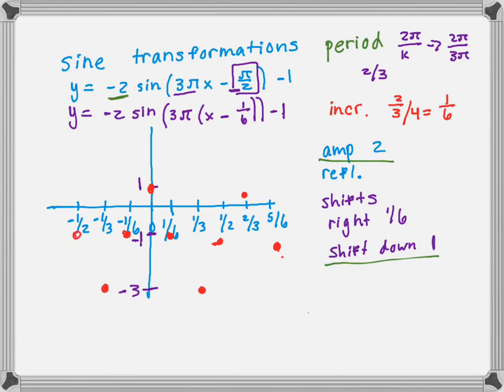And then back up. So now if we connect all those points, we have going down and up, and then up and down. So basically that's what your reflection is going to look like. Pretty simple. Basically it's going to be very similar to your regular sine graph, just shifted and reflected.